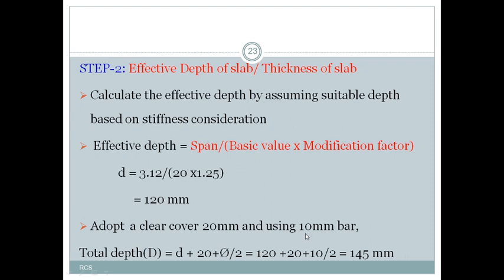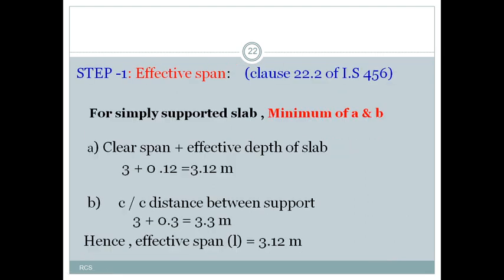So the 10 mm bar is sufficient, and from that we can calculate the overall depth D equal to d plus clear cover, 20 mm, plus phi by 2, half of the diameter of the bar, which gives 145 mm as the overall depth. Here I am assuming from this condition that the effective depth of the slab is 120 mm, that is 0.12.